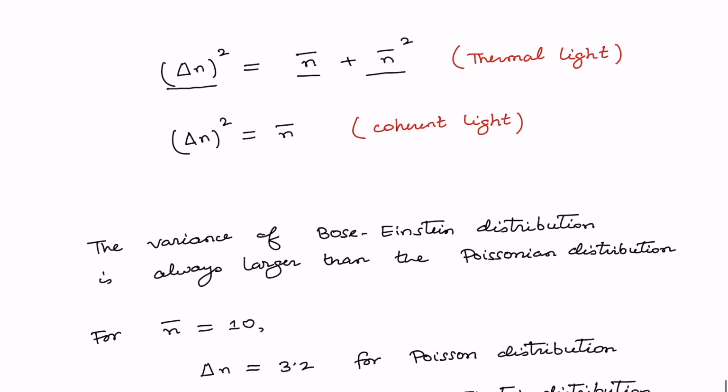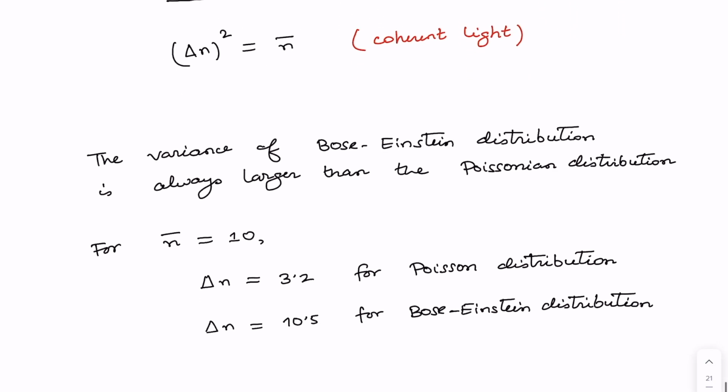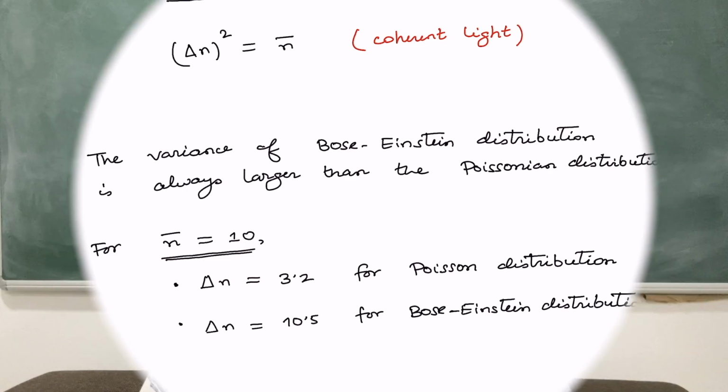In the plot that I have shown, we have taken the mean photon number to be 10, and you can easily calculate that the standard deviation delta n for Poissonian distribution or coherent light is 3.2. For the thermal light, it is larger, and if you calculate it, you will get 10.5 for the Bose-Einstein distribution.